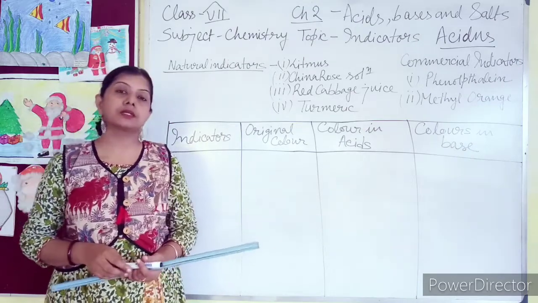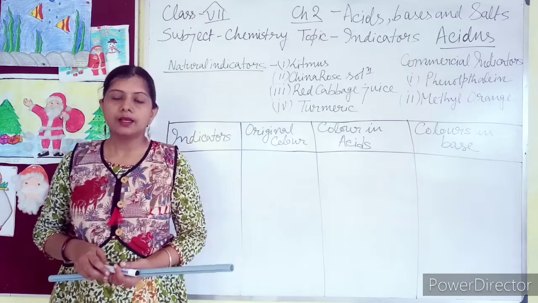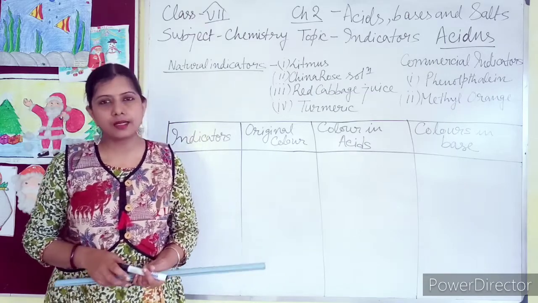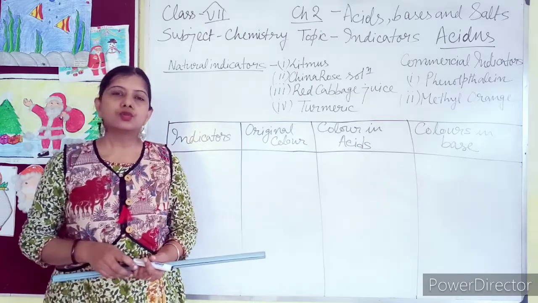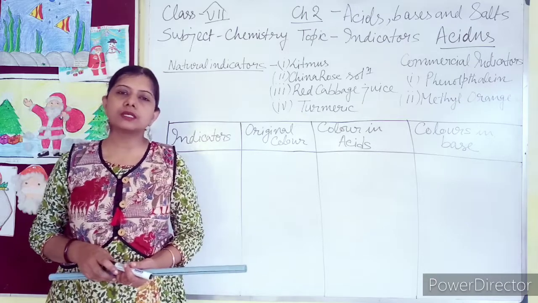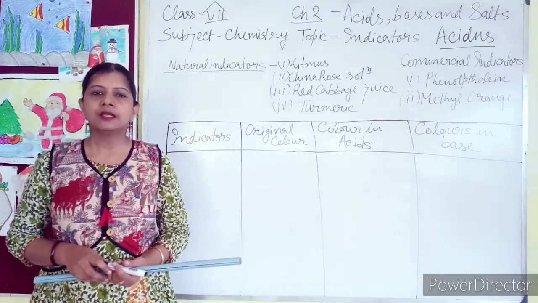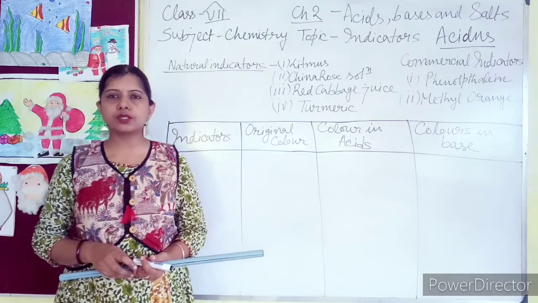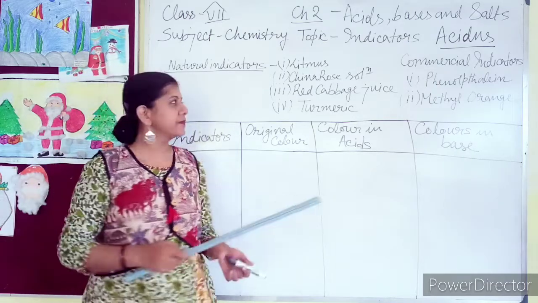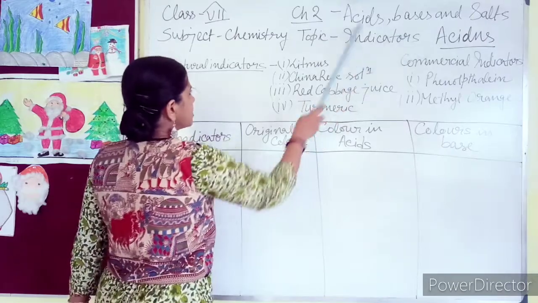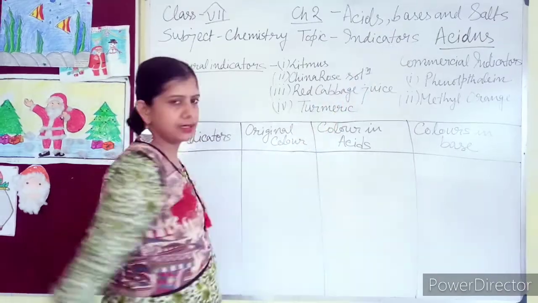But is it possible that you will taste everything to find out which one is acid and which one is base? To find out which substance is acidic or basic in nature, some chemicals are there which are known as indicators. So today my topic is indicators.